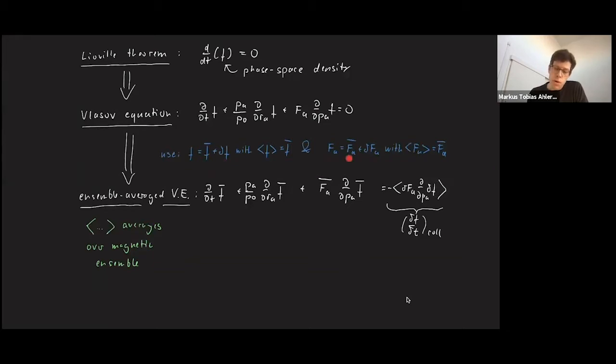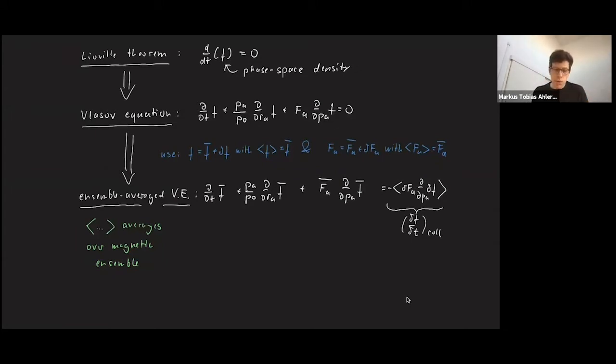I can do the same for the Lorentz force. The Lorentz force is given by the contribution of the background magnetic field, called FA bar, which depends on B bar, the regular magnetic field, or B0. And we have a random component that is going to average out in the ensemble average. This is this part.